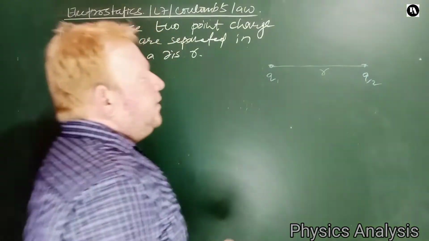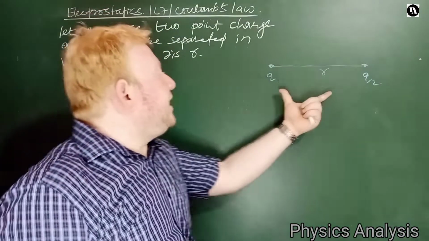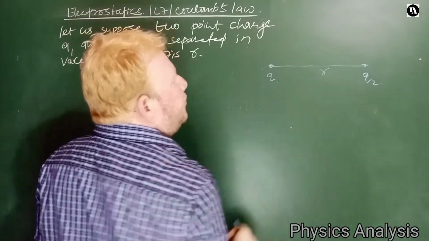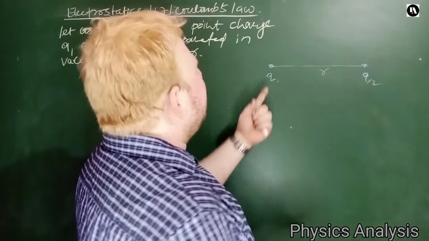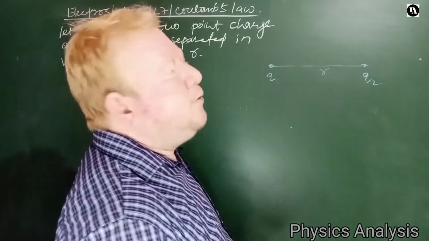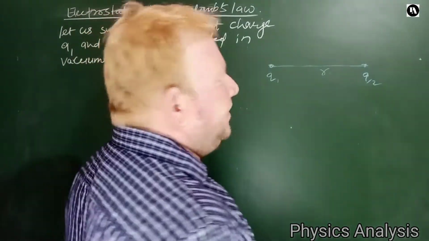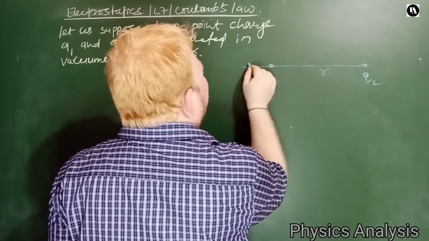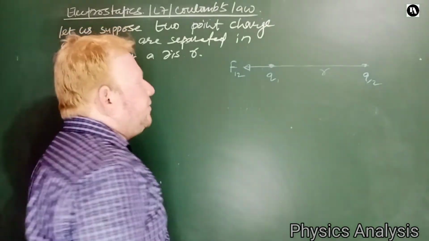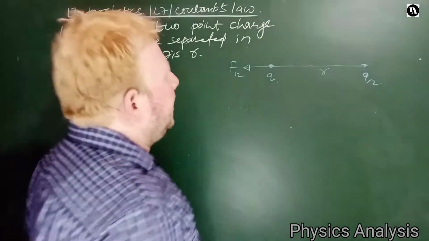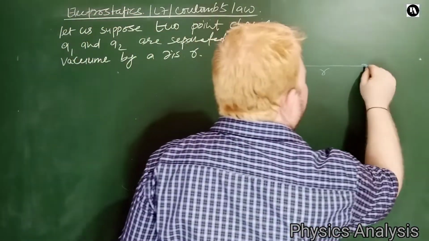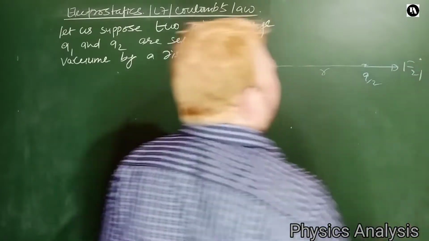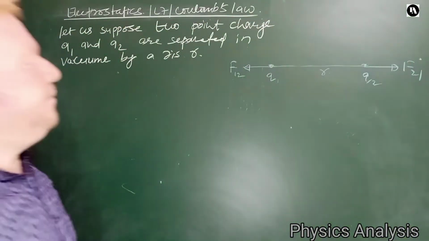Let me consider these two point charges are of the same kind. Q1 is positive and Q2 is also positive, or both negative, the same kind. Then F12 is the force acting on Q1 and F21 is the force acting on the second charge.